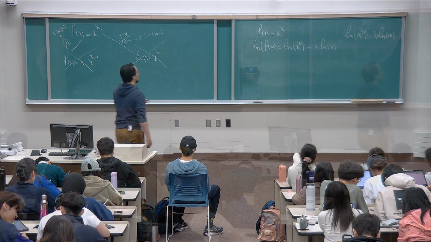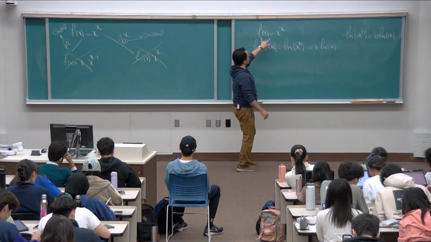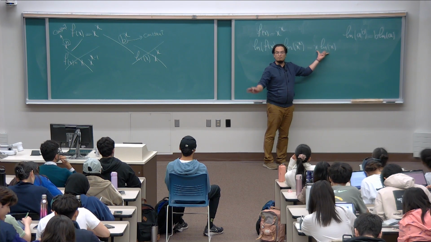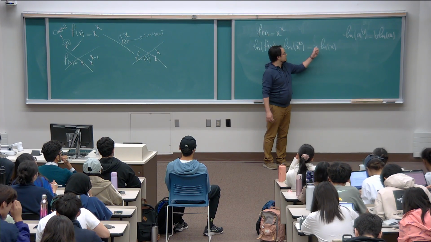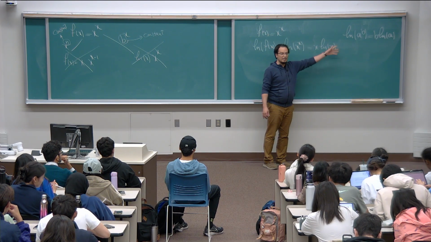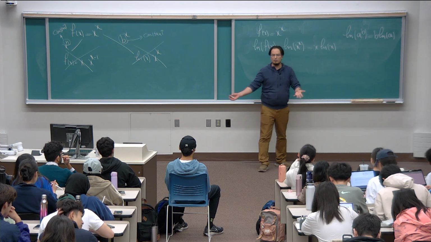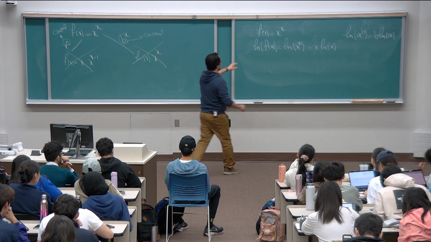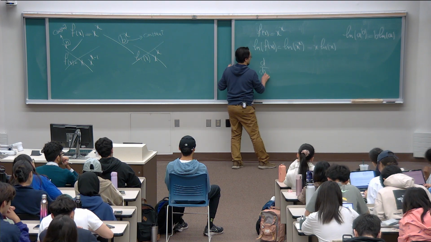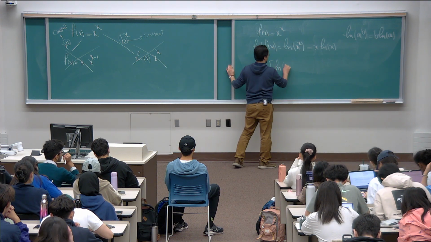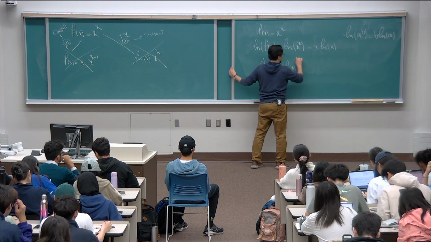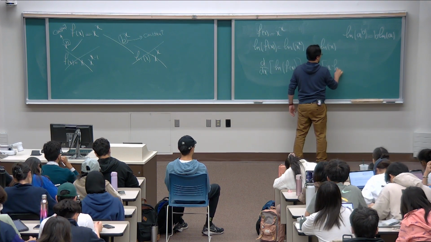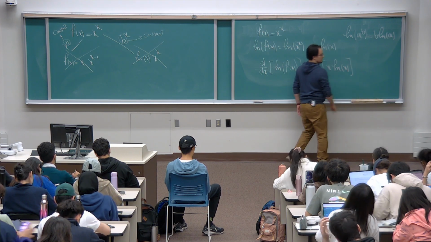After taking ln and simplifying, look here, I don't have any complicated term anymore. This is just x times ln x. This is the product rule. If I know how to handle the product rule, I'll just go ahead and do it. Now, the next step is to differentiate the left-hand side, and it must be equal to the derivative of the right-hand side.